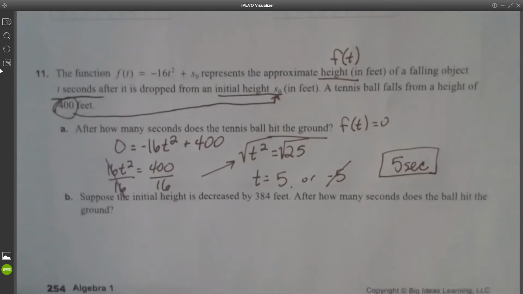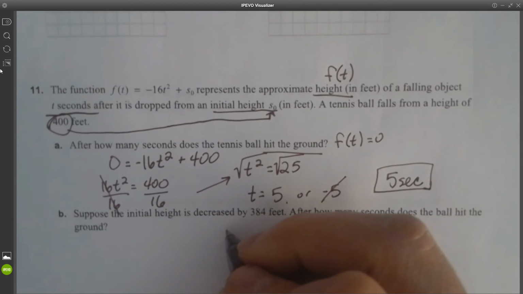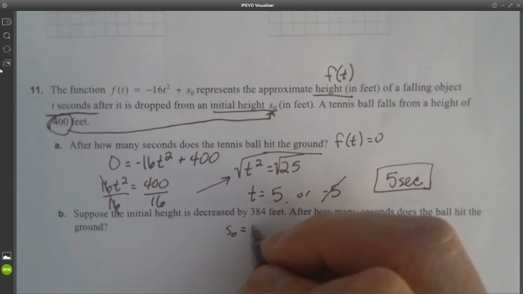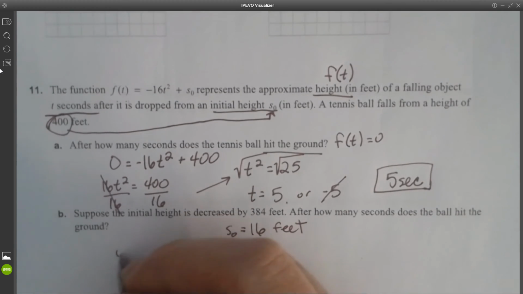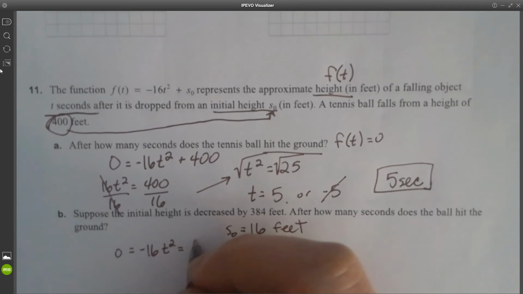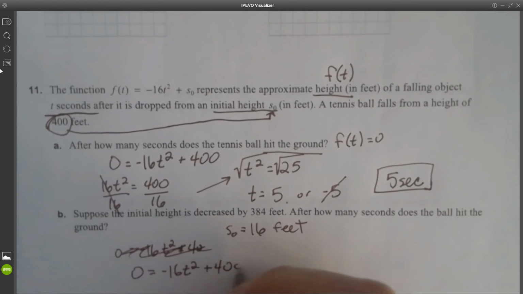If we decrease the initial height by 384 feet, now my initial height is only 16 feet. So it's the same equation, except I'm using 16 feet instead of 400.